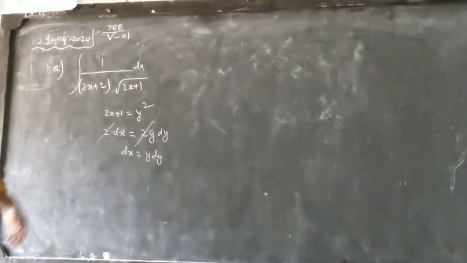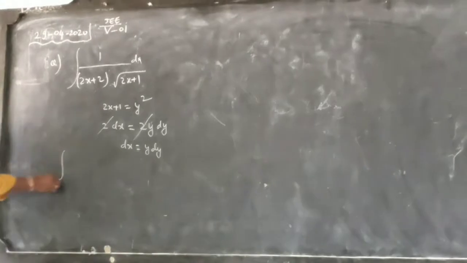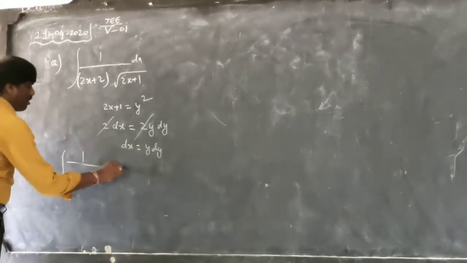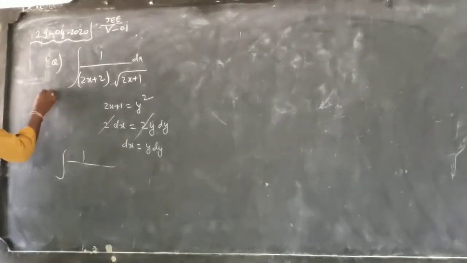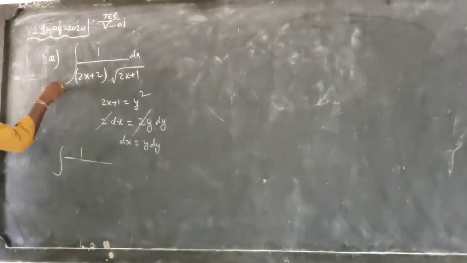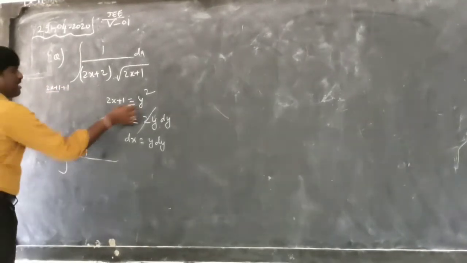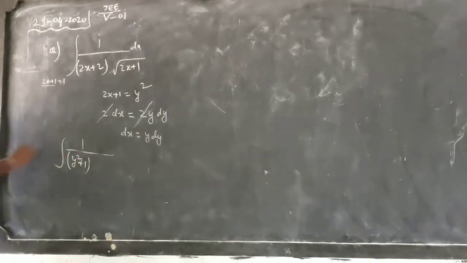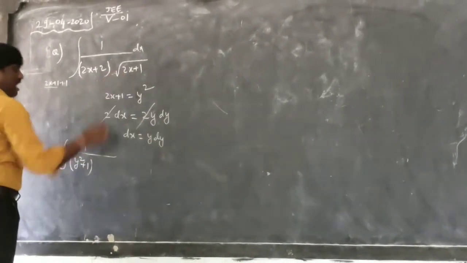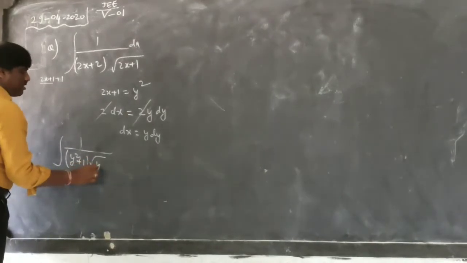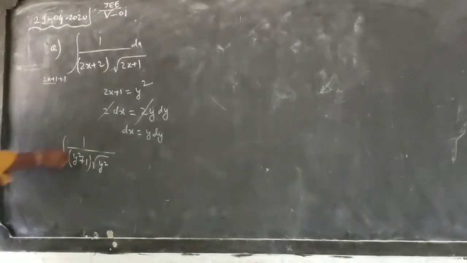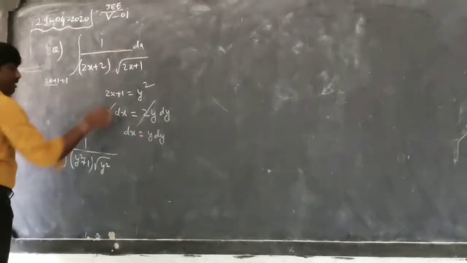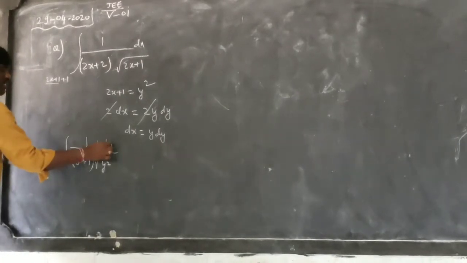Let us substitute here. What I am going to get is integration of 1 upon, this I can write as 2x plus 1 plus 1, where I consider 2x plus 1 as y square, so I get y square plus 1, and under root of y square, into dx replaced as y dy.